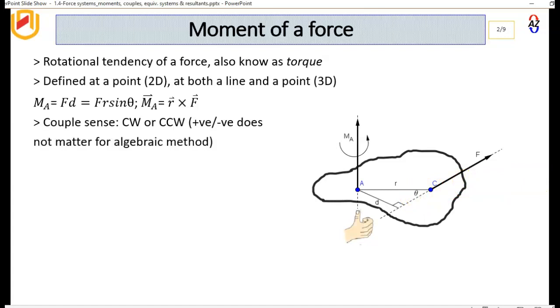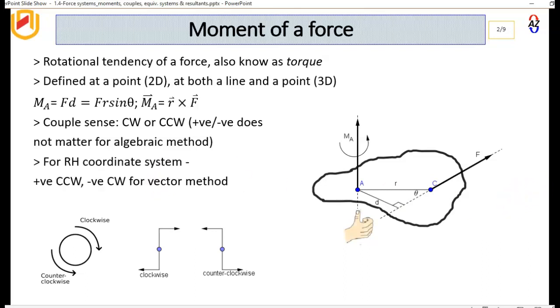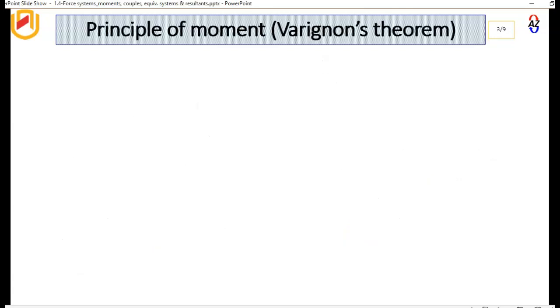So the sense of rotation, what we see right now, if you look from the top, it's counterclockwise. For the algebraic method, it doesn't really matter. But for the vector method, the counterclockwise is positive and the clockwise is negative in the right-handed coordinate system. That's what we see here.